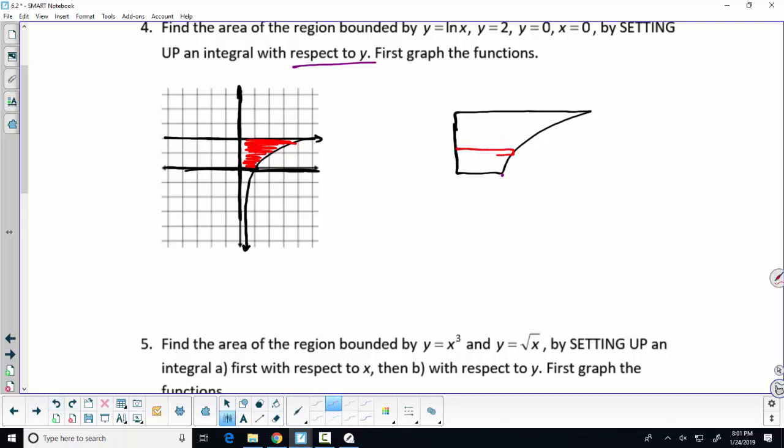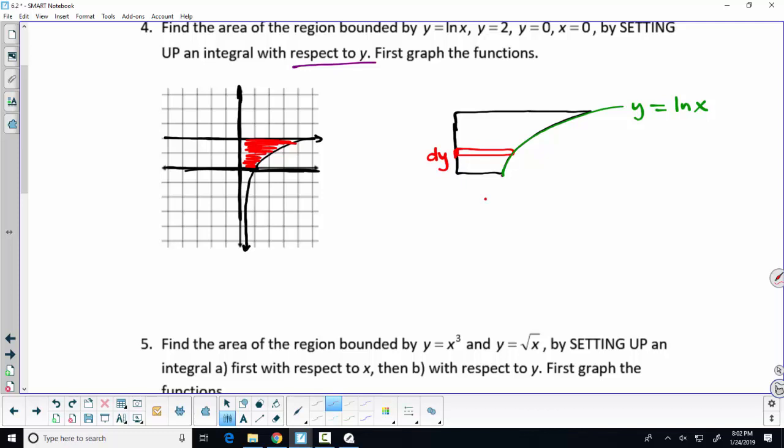If we're integrating with respect to y, do the right minus the left functions ever change? No, they don't change. However, this piece right here, y equals ln of x, and if our rectangles are running this way, then their thickness is some measurement of y, which tells us that everything now needs to be in terms of y.